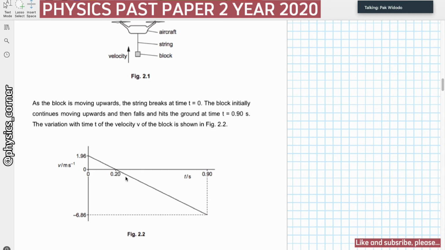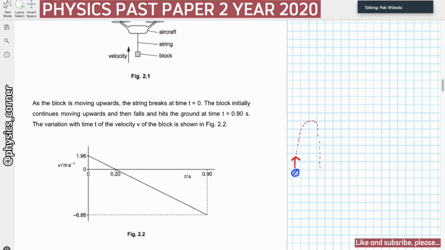And then it has a velocity of negative 6.86 after time 0.9. This is vertical motion, like this one. It starts with an upward velocity, and then comes back.